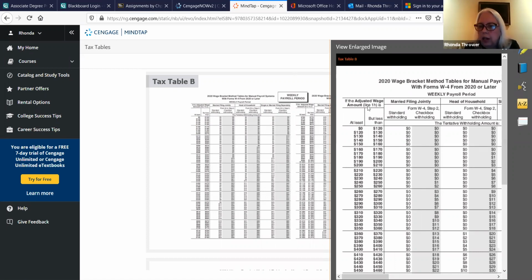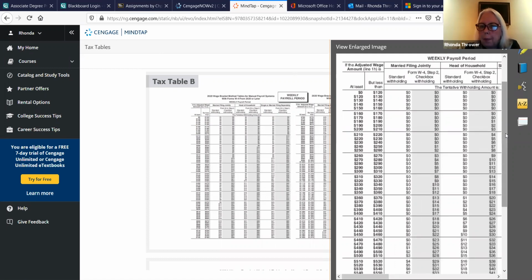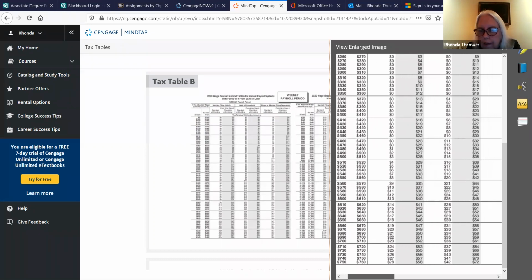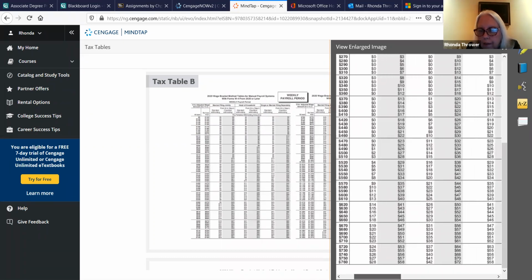So I'm going to look down on this first table, and I can see here that the $665 will fit between $660 and $670. So you're going to go all the way over on this table, and it takes a little scrolling here to get to the single portion.